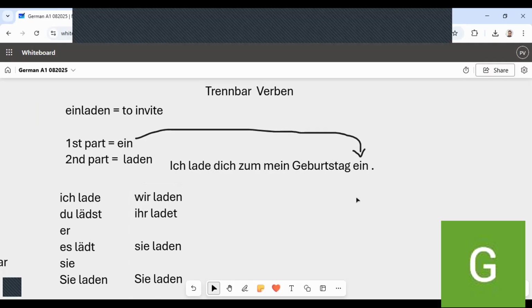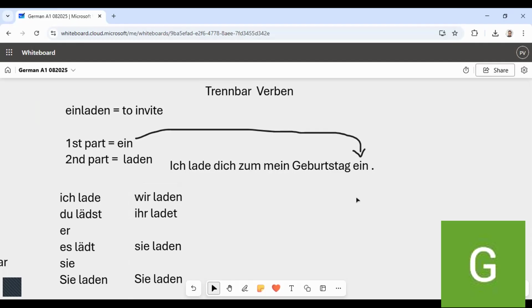Going forward, if I'm going to tell you any verb, this is the second verb, this is the third verb. There is no specific list of Trennbar verbs in A1 German. But I'm going to give you some examples. For that you have to watch videos and see the A1 book.